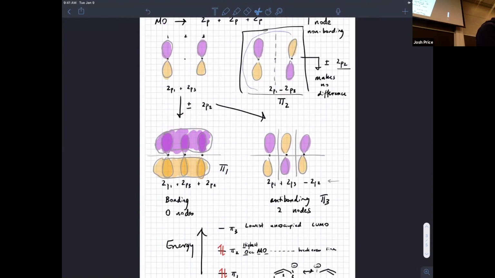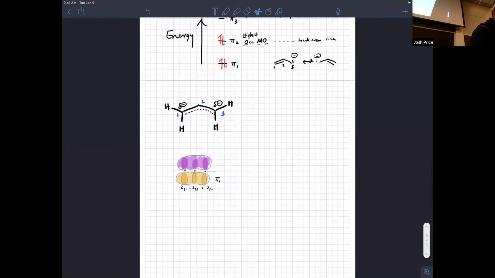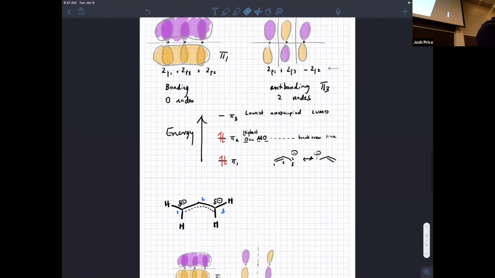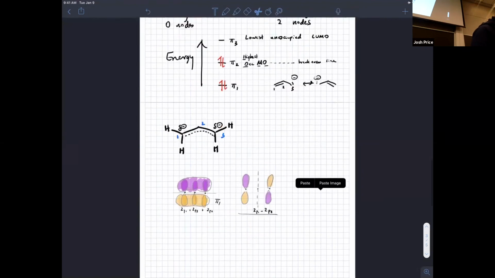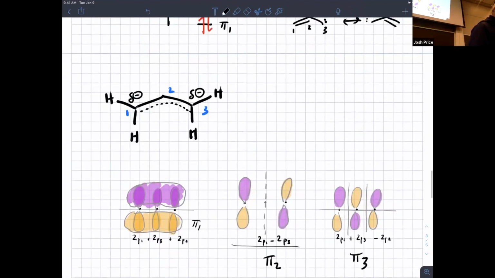And I want you to look at the pi orbitals and look at the hybrid structure from valence bond theory, and think about whether they agree. All right, that's pi 1, this is pi 2, this is pi 3.